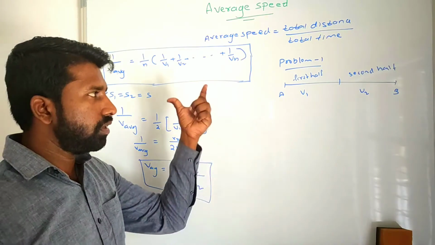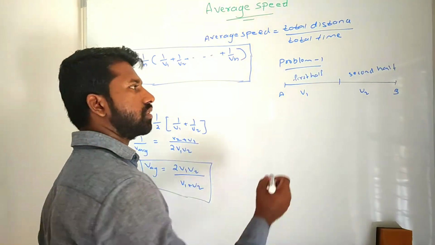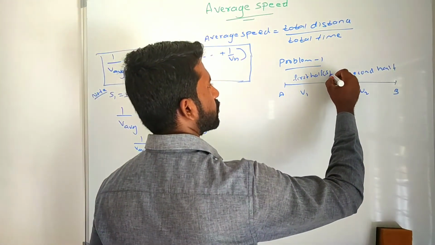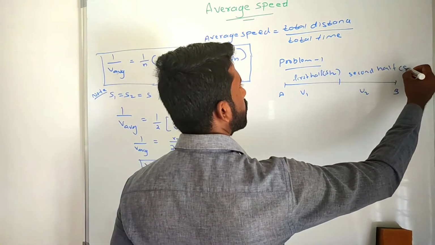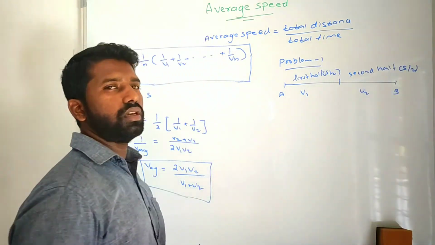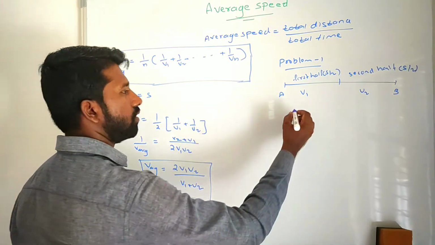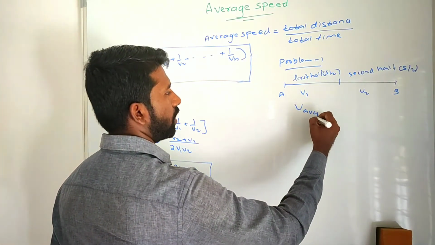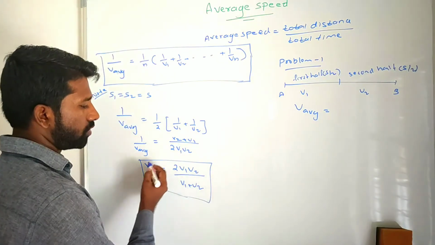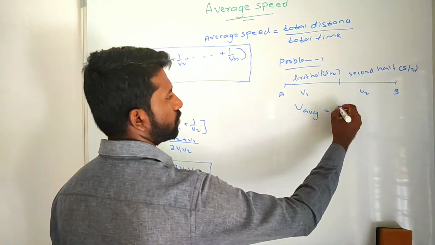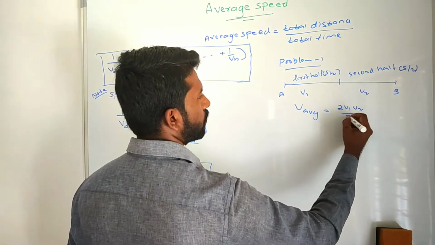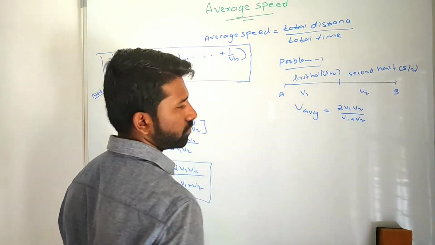First half means if the total distance is S, the first half is S by 2, and the second half is also S by 2. So the distance is equal. Then how do you calculate the average speed? You can directly apply this formula, 2 into V1 V2 divided by V1 plus V2.